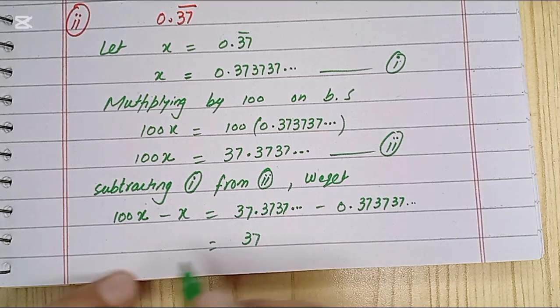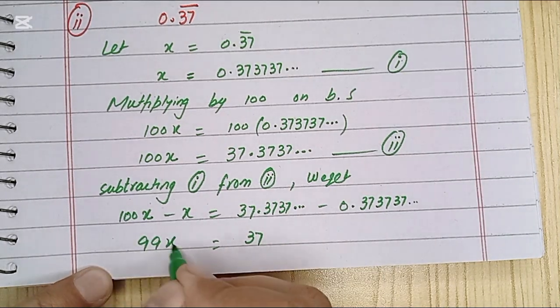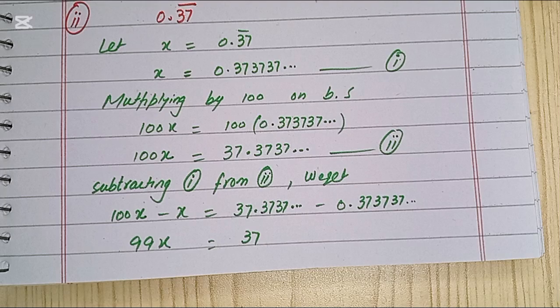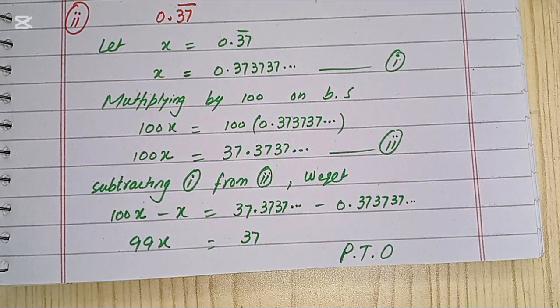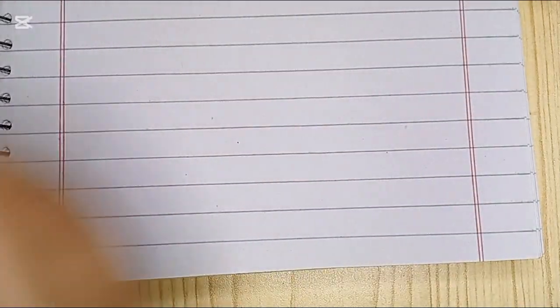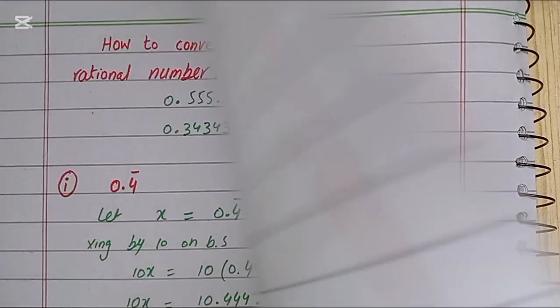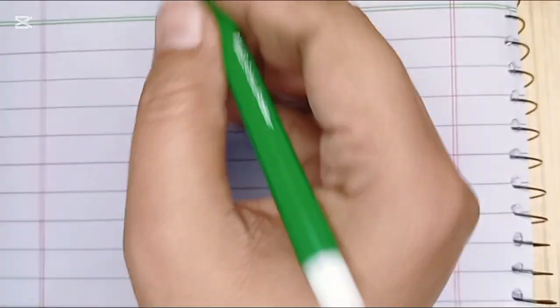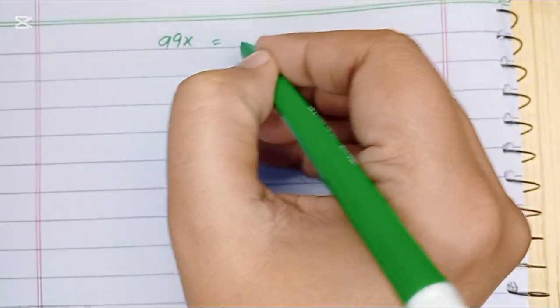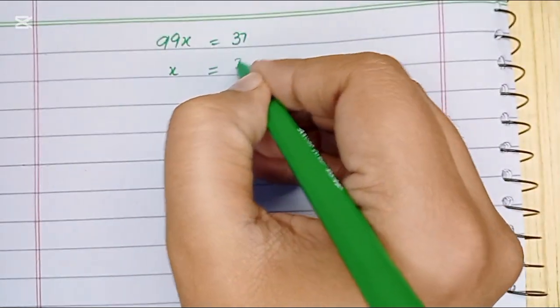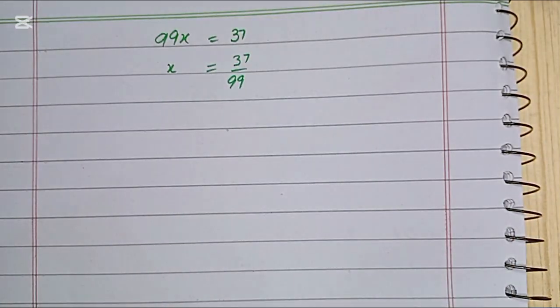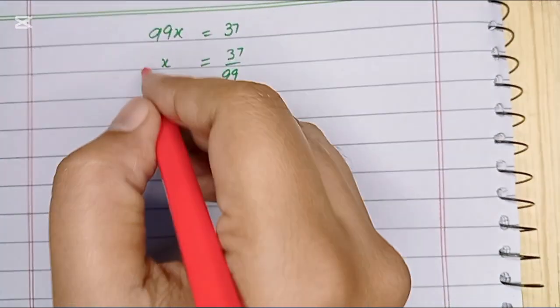It will become 37 on the right and 99x on the left. We will solve it on the next page. 99x equals 37. The 99 multiplying on the left side will be divided on the right side, so x equals 37 over 99. This is the rational expression of the second part.